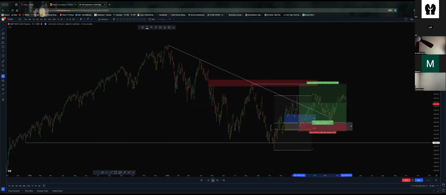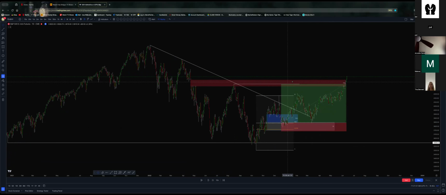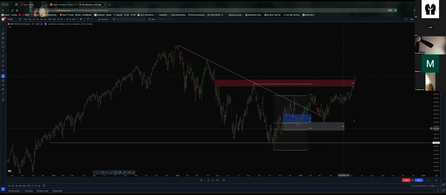We're sideways for a long time, huh? And bam, right to equilibrium. I mean to inefficiency. So we bounced to inefficiency down here, and now we hit inefficiency up here. Okay, so knowing that, now we established that we're in an uptrend.